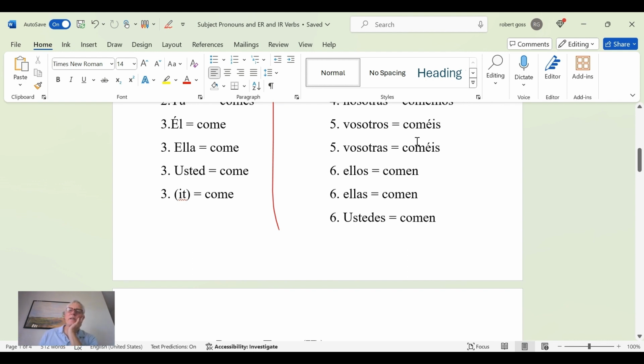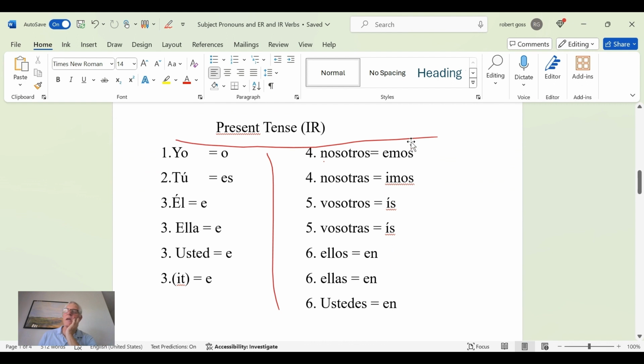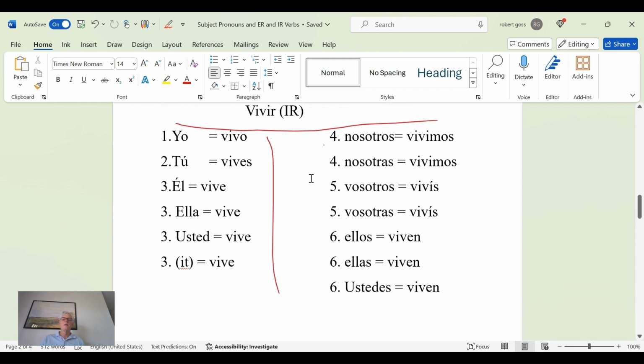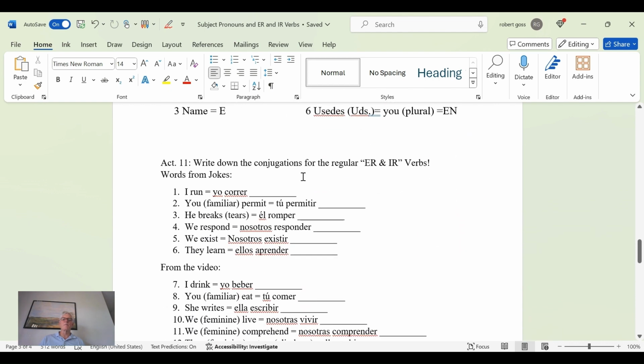Let's go back now and talk about IR verbs. There is a group of verbs in Spanish, not quite as many, but still a lot of them, that end in IR. So let's look at some examples of verbs that you would find in the dictionary that end in IR. We have vivir, that means to live. If you've taken the course with Learning Spanish by Jokes, you'd already know some of these words.